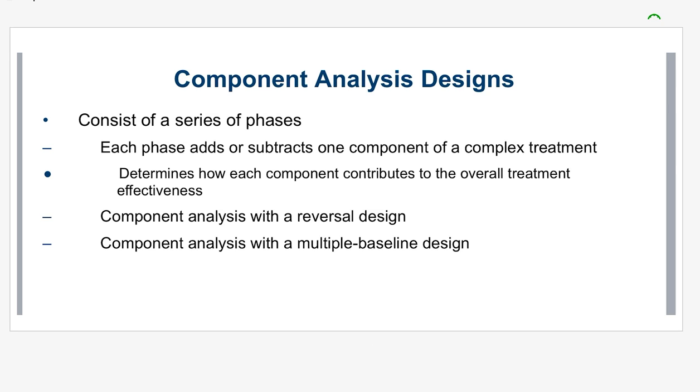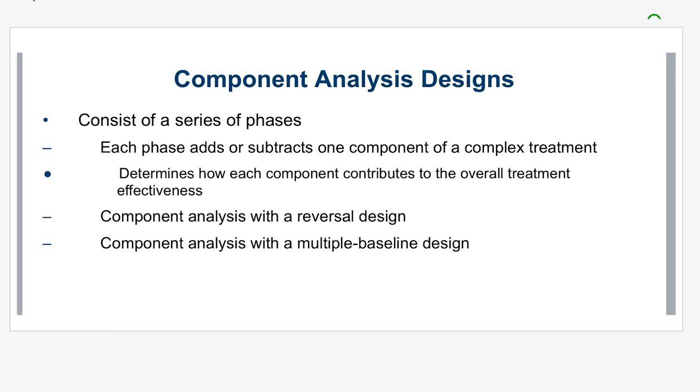Maybe you want to look at the different components of a treatment and see which parts are most effective, or least effective, or what parts work better together. In order to do that, you would add or subtract one component in each phase, so it becomes a lot more complex a design, and that would help you determine how each component contributes to the overall effectiveness of the treatment.